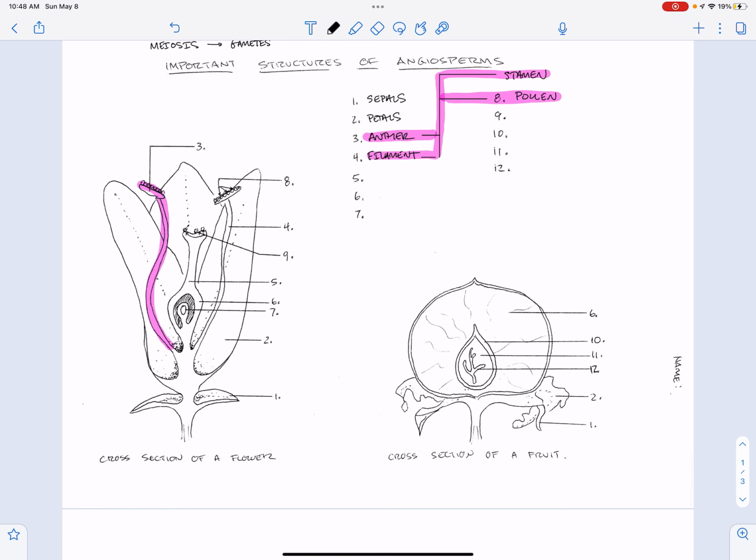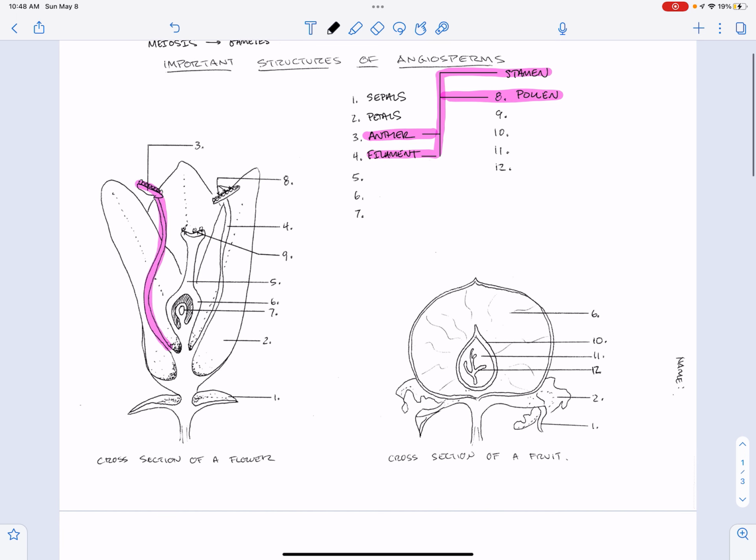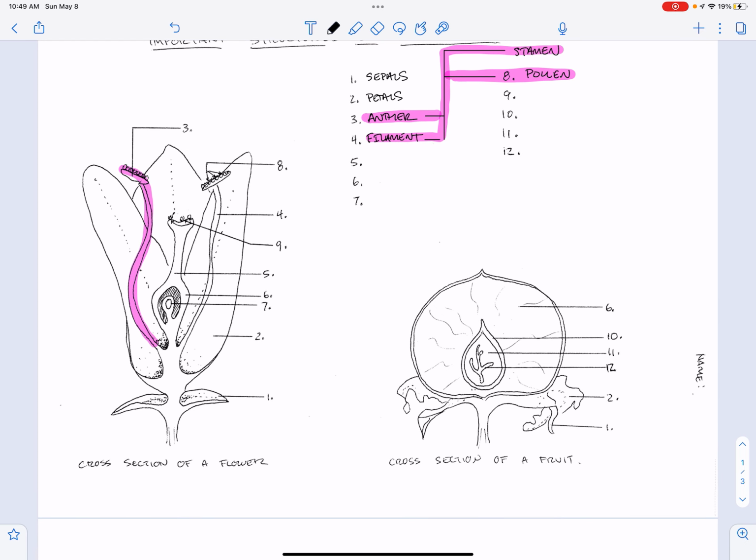Okay, then we have the female reproductive organ. Number 5 is called the style. And the style is a hollow tube down which pollen, which lands on the sticky part of the female reproductive organ, which is called the stigma.